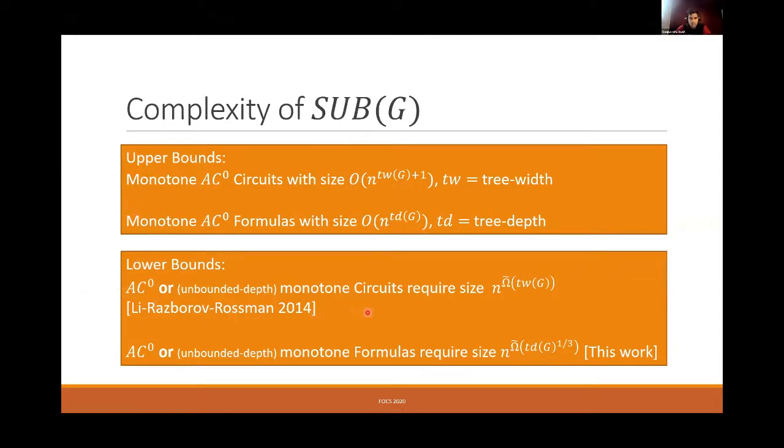So in the circuit case, this problem was tackled by the work of Lee, Vasper, Rossman a few years ago, who showed that restricted circuits solving this problem require size that's n to the roughly tree width of G. And what we show is basically a complementary result for formulas. So we show that AC0 or monotone formulas solving sub G require size n to the tree depth to the 1/3. So a polynomial in the tree depth in the exponent.